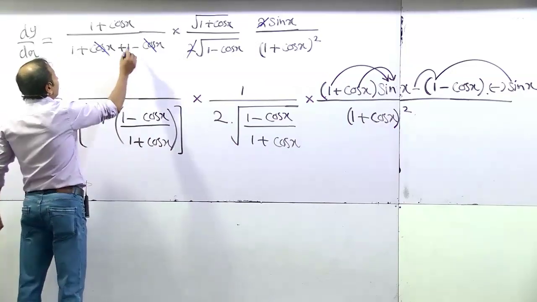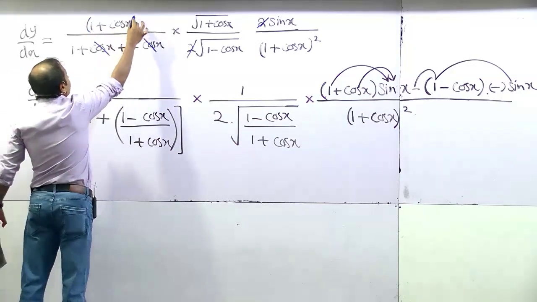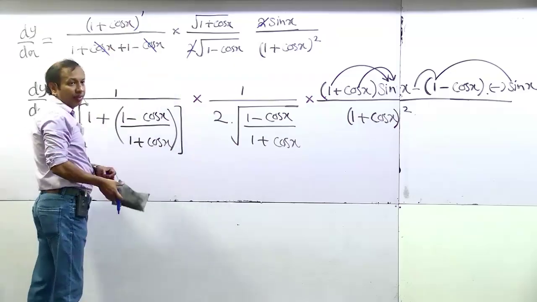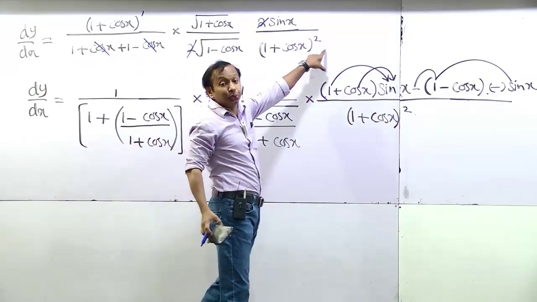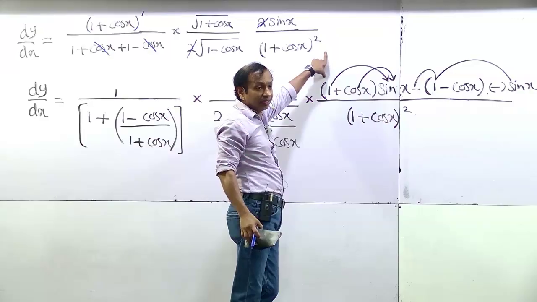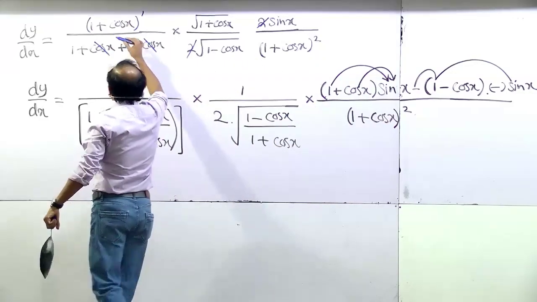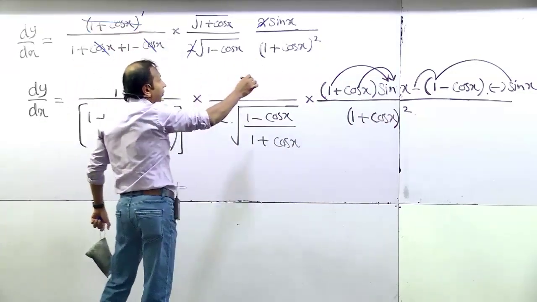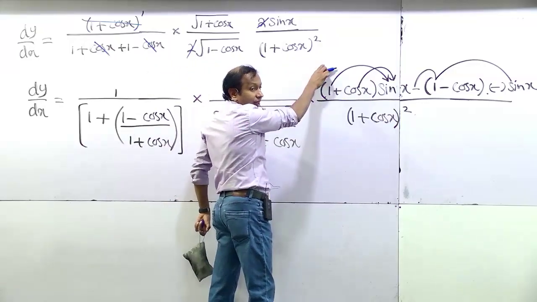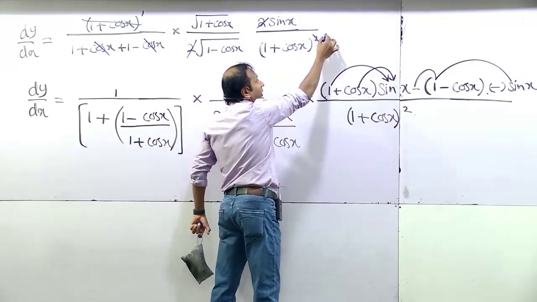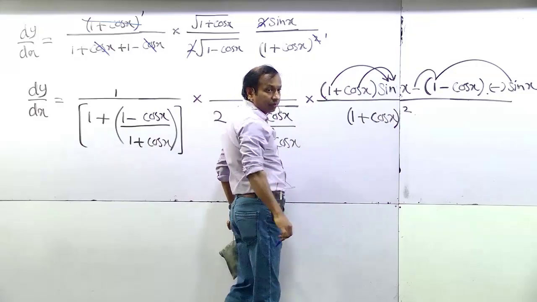People, another simplification is here. Meantime, here 1 plus cos 6 power 1. Here we have 1 plus cos 6 power 2. Tell me, what is the simplification? Yes. One term of this 1 plus cos 6 you can cancel down. 1 plus cos 6, one term here. Then this 2 will cancel down, we can put 1. So clear?